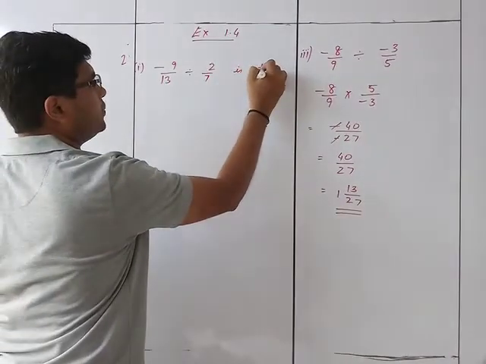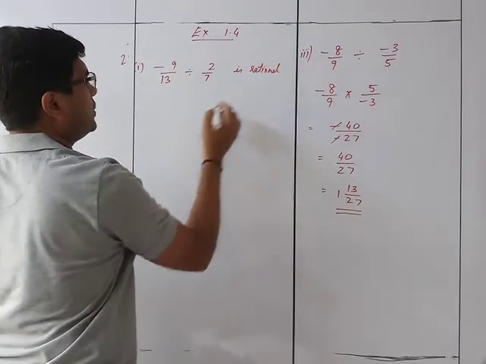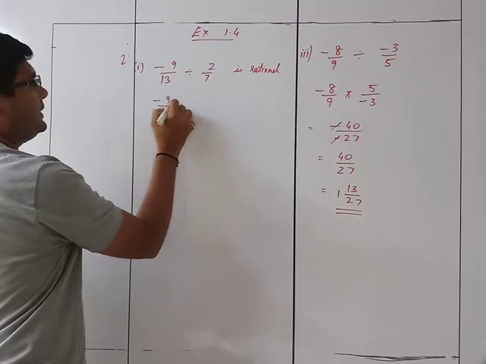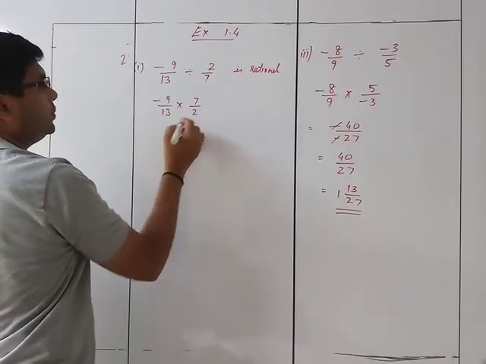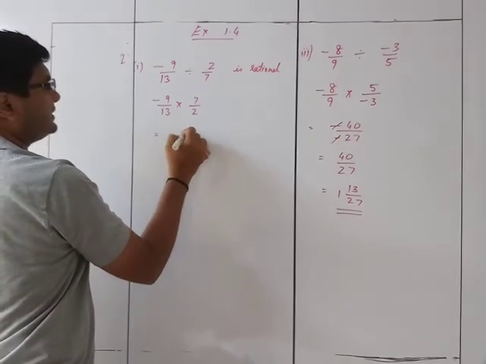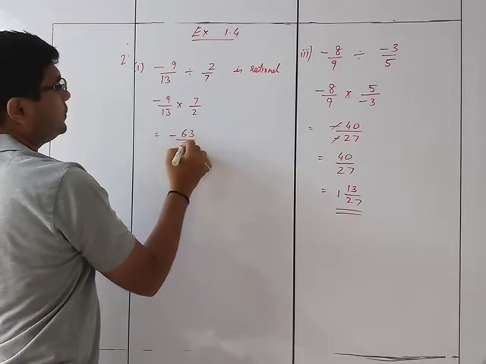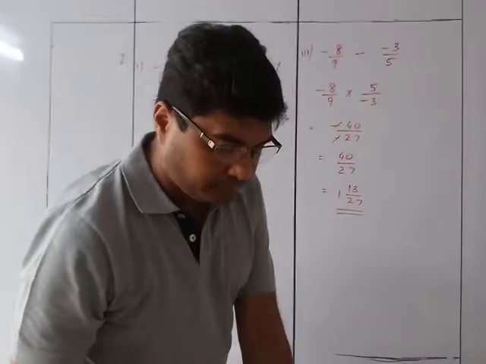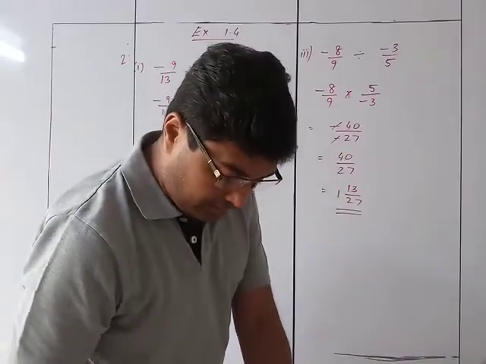You just need to know whether it is a rational number or not. So this is nothing but minus 9 upon 13 into 7 upon 2. So that will be minus 63 upon 26.